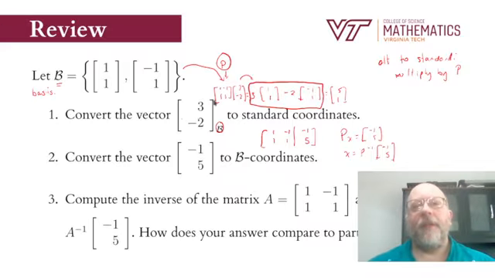And so if we took the inverse of this matrix, let's talk about how to do that again. The way that we find the inverse is we take 1 over the determinant of the matrix. So the determinant is 1 minus -1, which is 2. Then we switch the entries along the main diagonal.